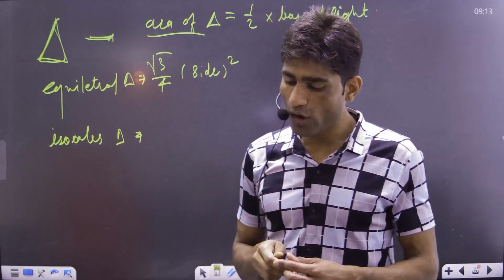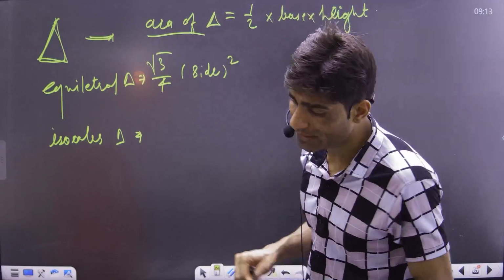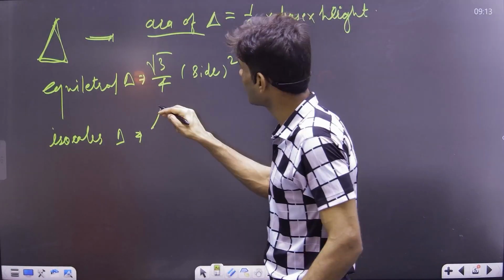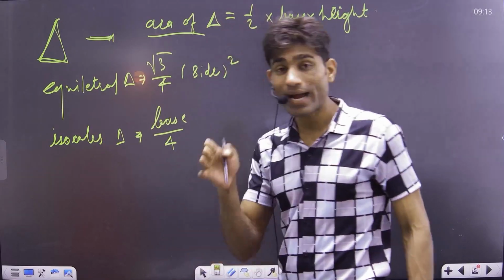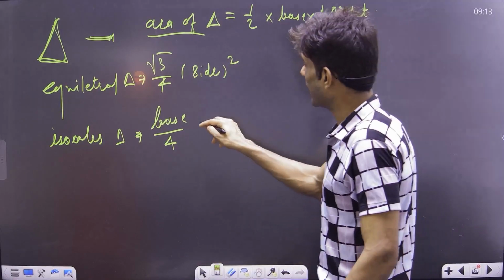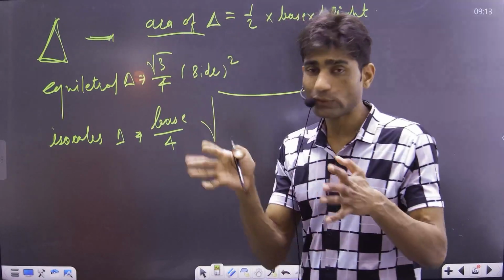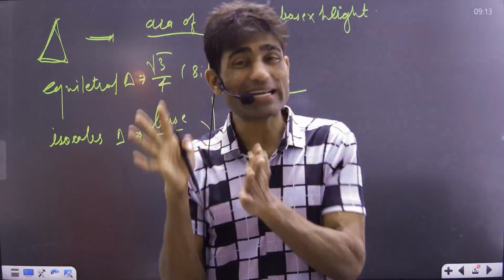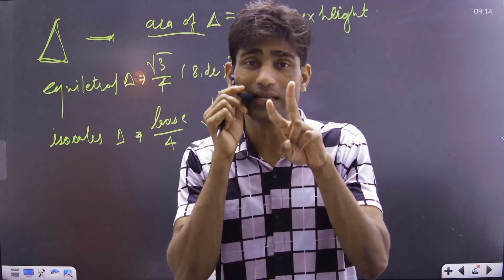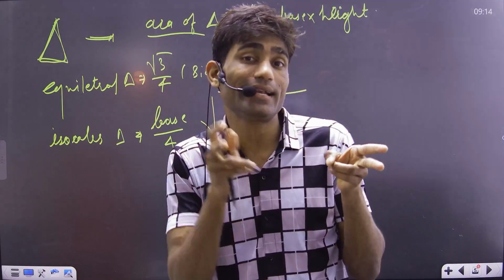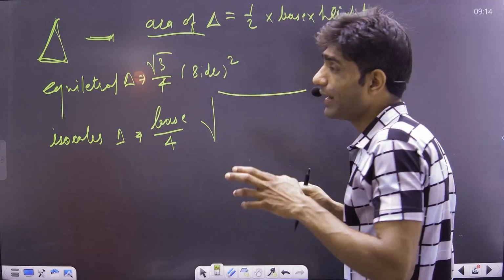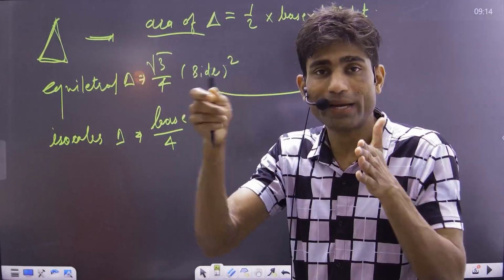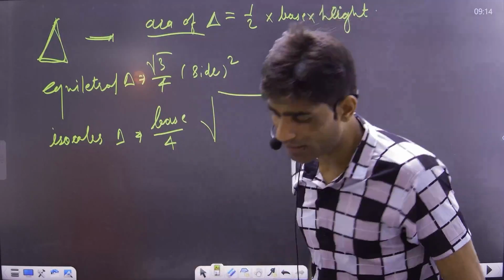Area of an isosceles triangle, we write base divided by 4 under square root. Isosceles triangle means two sides are equal, and the base is different from these two sides. Then we write base divided by 4 under square root equal side square minus base square.